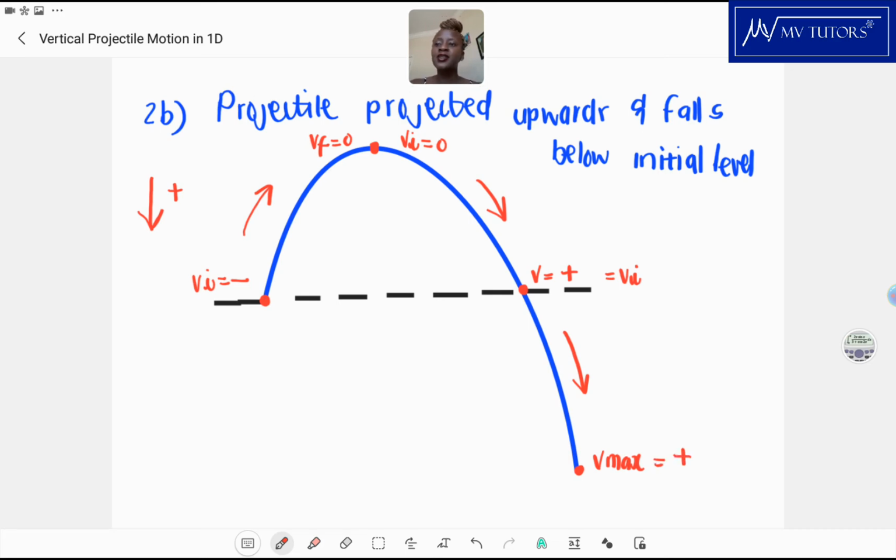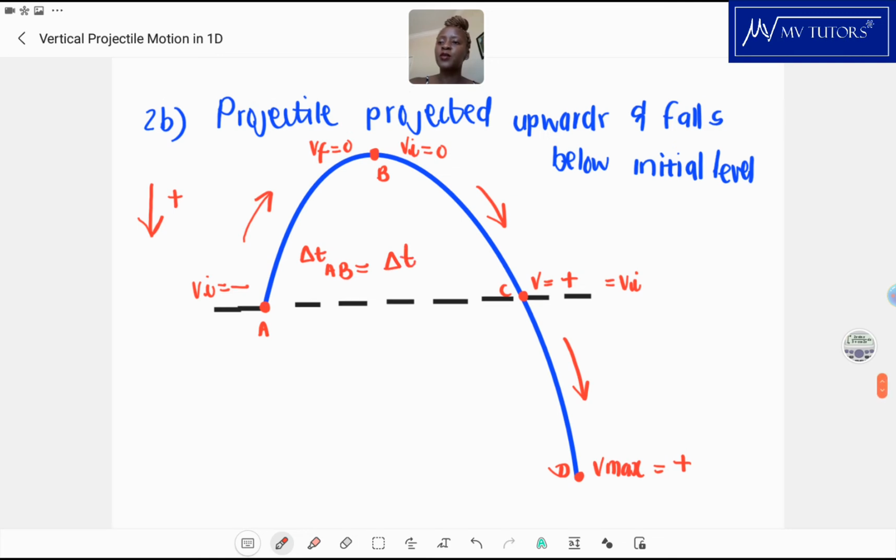All right, so again, the time it took for it to go up, okay, let's say this is A, B, C, and D. The time it took for it to go from A to B will be equal to the time it took for it to go from B to C. All right, and if you want to know the time it took for it to go from C to D, you'd have to calculate that extra.